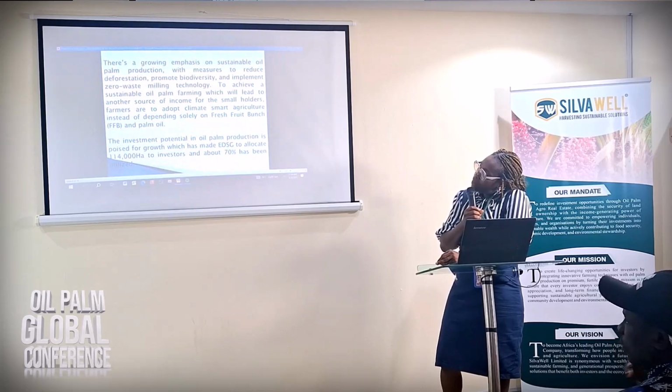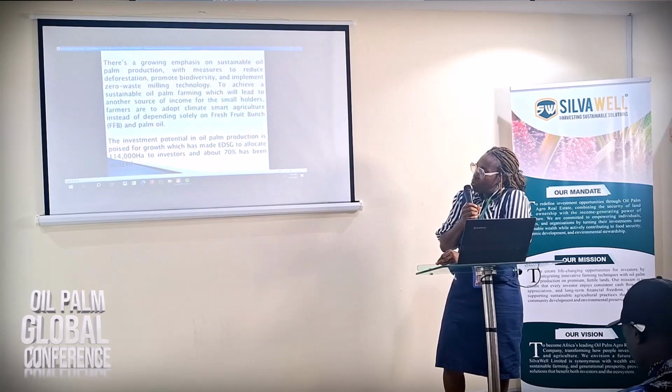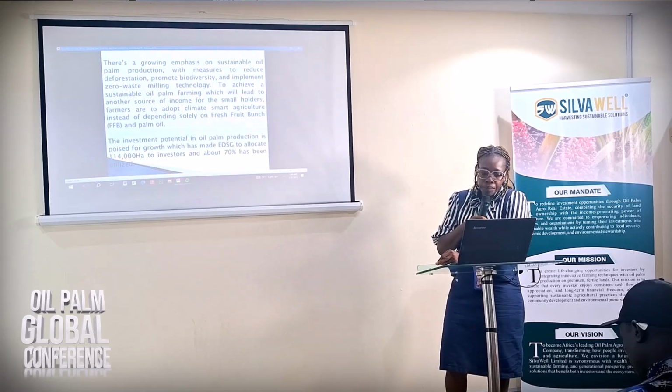To achieve sustainable oil palm farming, which will lead to another source of income for the smallholder farmer, and to adopt climate smart agriculture instead of depending solely on fresh fruit bunch, FFB, and palm oil.